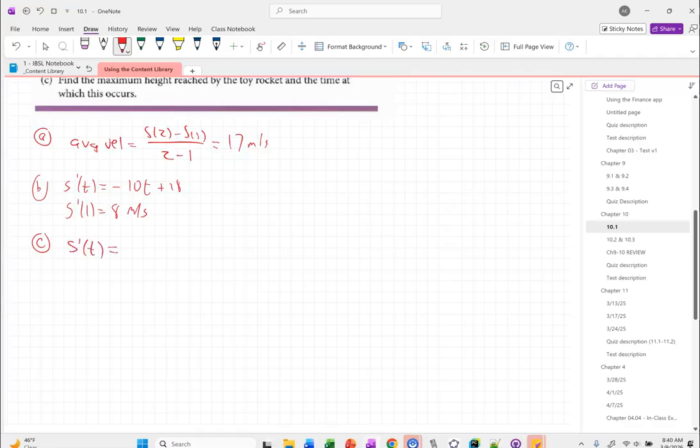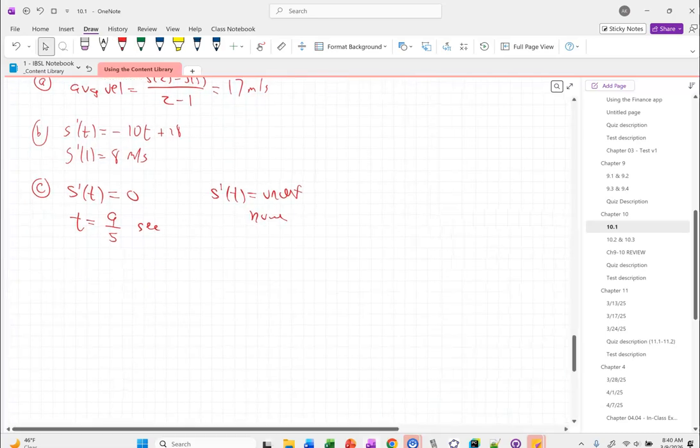So I'm going to take that first derivative that we already calculated in part B and set it equal to 0 and undefined. There are no values that make it undefined because that first derivative is a polynomial. When I subtract 18 and then divide by negative 10, I get 9 over 5, and I guess that's seconds.